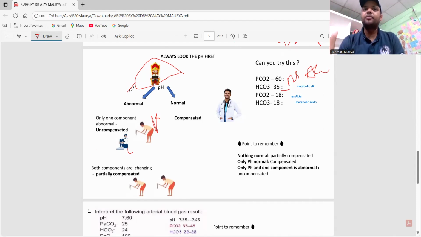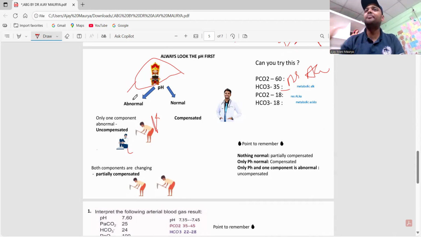They know that pH is abnormal. Then only the kidney is working hard, but the lung is not working, simply its values are normal, while the kidney is working hard to maintain the pH.